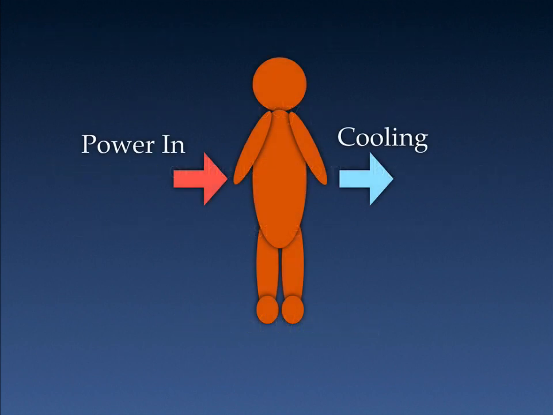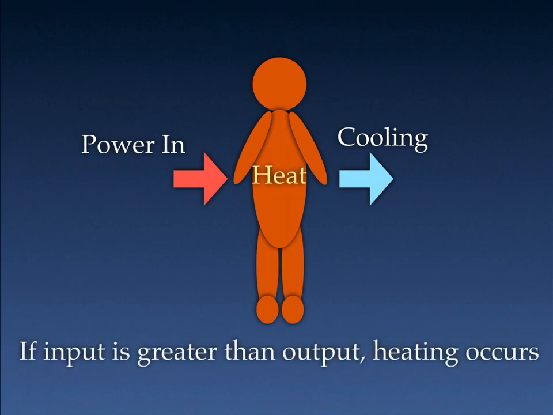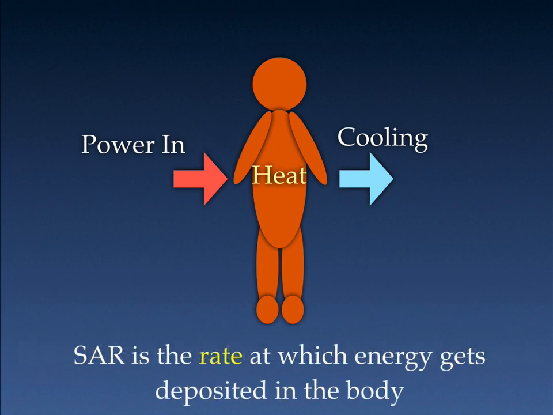So when we place our patient in the magnet and we apply RF power, our patient is going to release that RF energy by cooling. Now, if the input is greater than the output, then heating is going to occur. SAR is the rate at which energy gets deposited into the body.